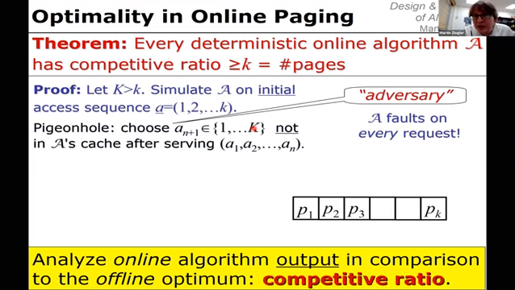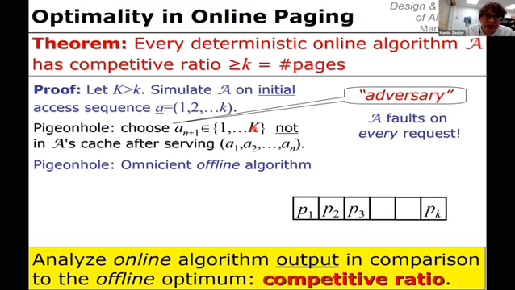sequence. And the thing is that an optimal offline algorithm, which is omniscient, which can know the sequence in advance, can always choose a page to evict from the cache which is not going to be accessed in the next k-1 steps. Let me repeat that. So we consider an optimal offline algorithm for actually any, and in particular for this access sequence we as adversary have just created.